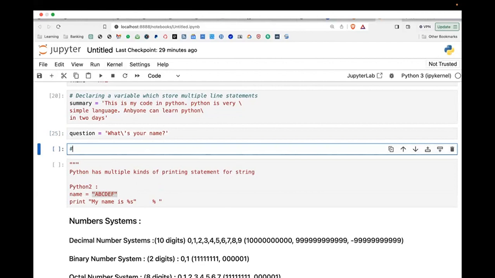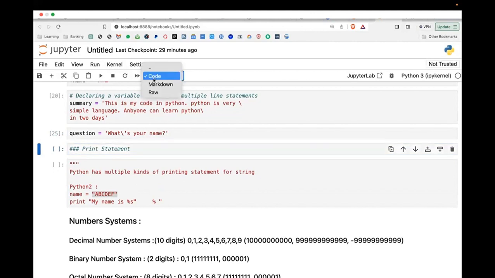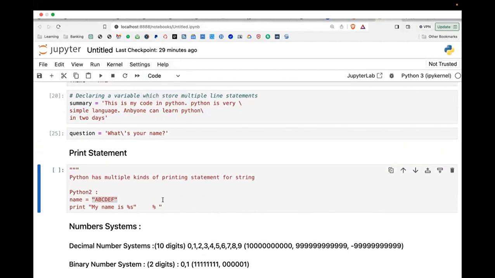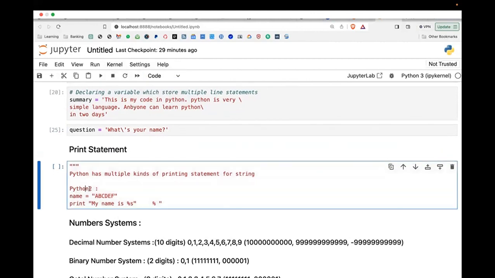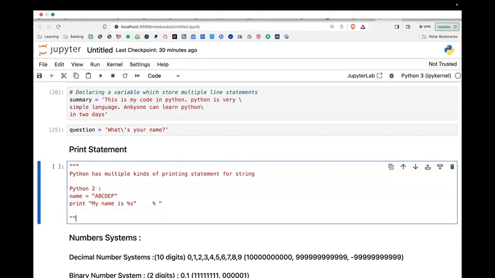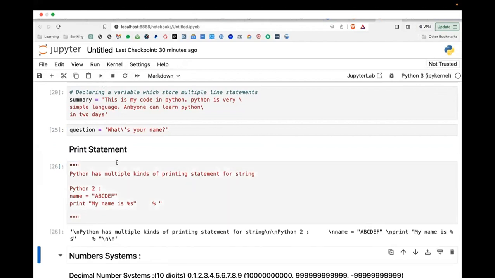So this is my print statement. I was just talking about it. In the Python 2 versions, we used to write the string like this. I told you I cannot run it because I'm running Python 3, so I cannot run this statement in my notebook right now. It is okay, let it be that way.